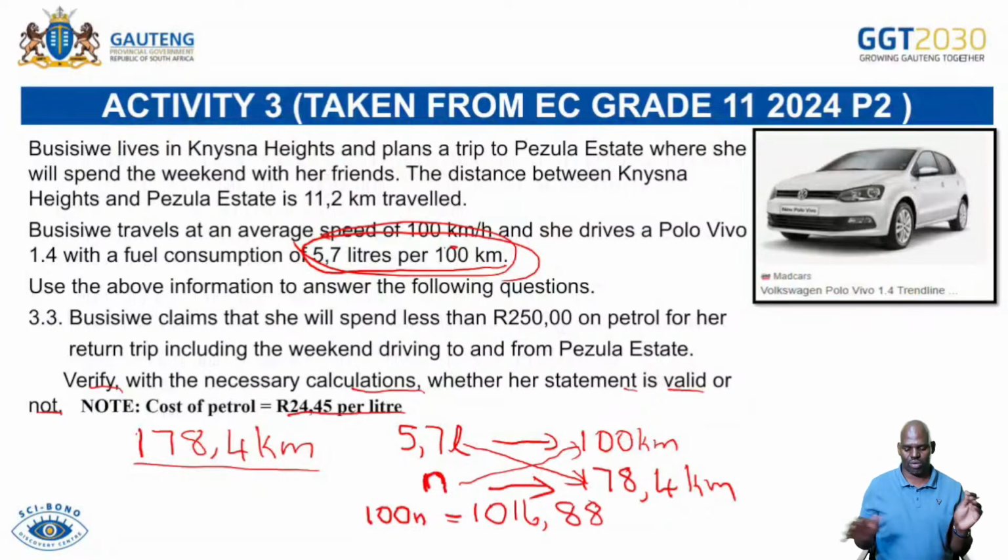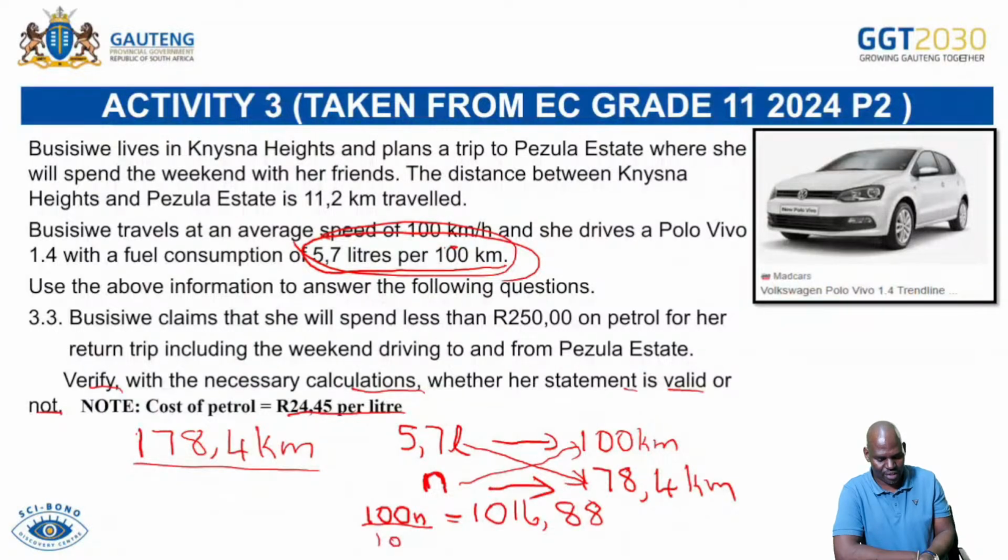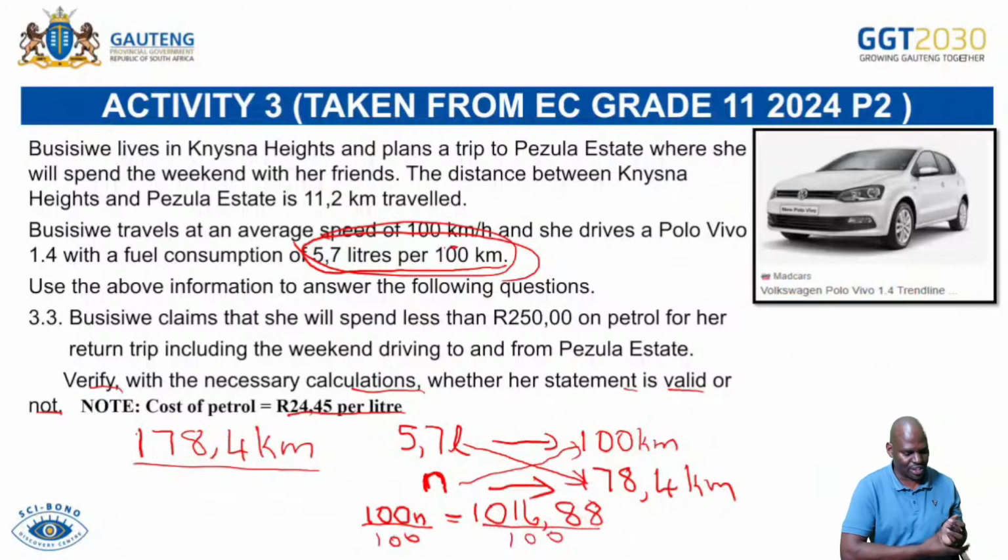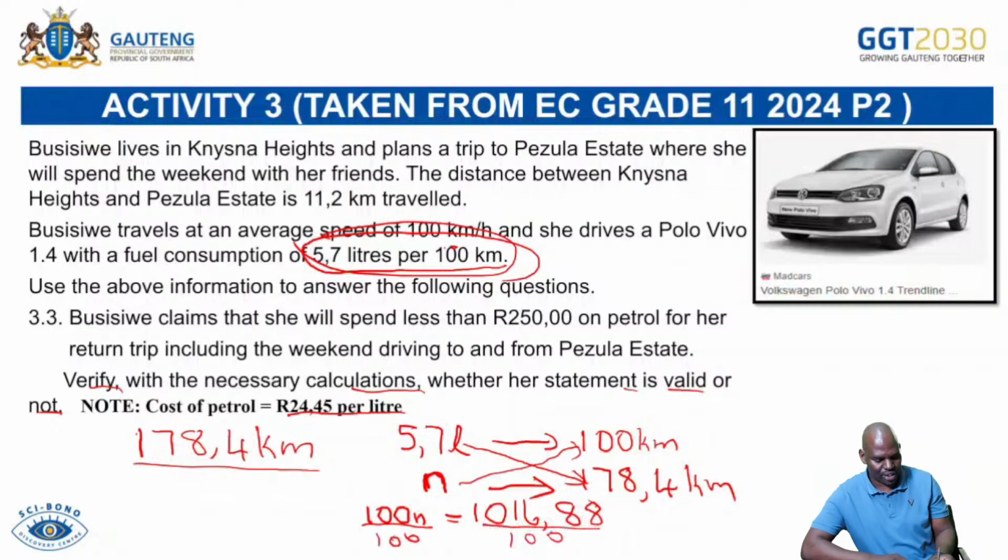Okay, I don't have to worry about the other units. What I know is that in this case, I'm calculating the number of liters. So from this one, I divide by 100. 5.7 multiplied by 178.4, then I divide by 100. Then I get the number of liters, it's 10.168.